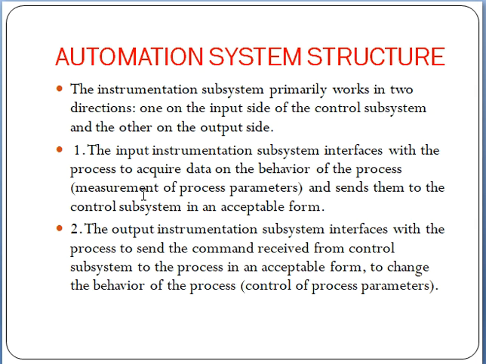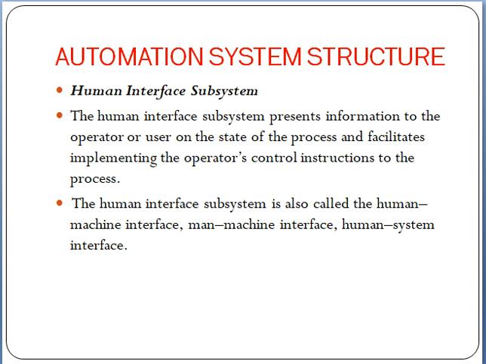The output instrumentation subsystem interfaces with the process to send the command received from the control subsystem to the process in an acceptable form to change the behavior of the process or process parameter.